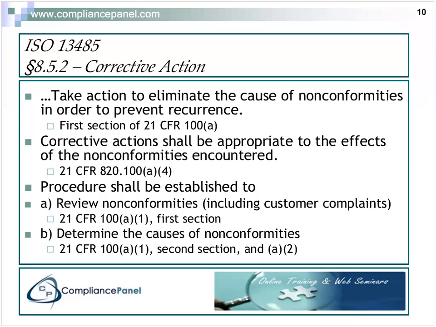8.5.2 of ISO 13485 tells you to take action to eliminate the cause of nonconformities in order to prevent recurrence. This is the first section of 820.100, Section A, which says that corrective actions should be appropriate to the effects of the nonconformities encountered. It's 820.100(a)(4), which does reference the requirement that the action be validated and be effective in eliminating the nonconformity and not adversely affect the device. 13485 uses one word, appropriate, to accommodate all these.